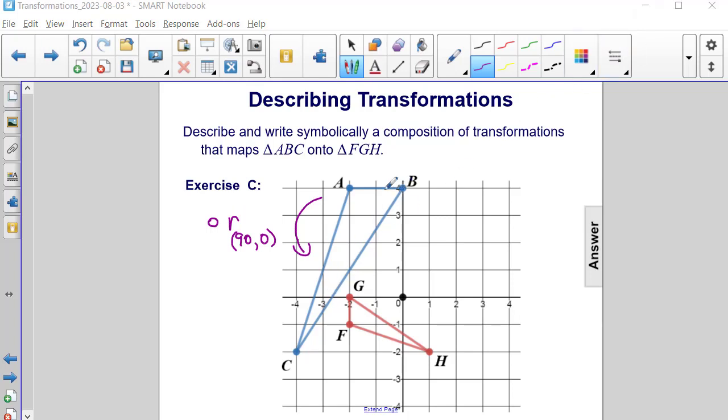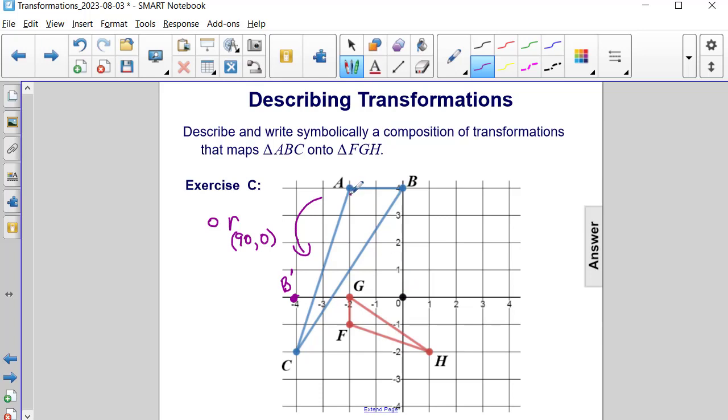And let's actually draw that 90-degree rotation. So point B, we're going about the origin. To get from B to the origin, we have to count downward 4 units. So in order to rotate it counterclockwise, we have to move to the left 4 units. So this will be where point B prime occurs. And point A prime, we have to move down 4 units and to the right 2 units to get to the origin.